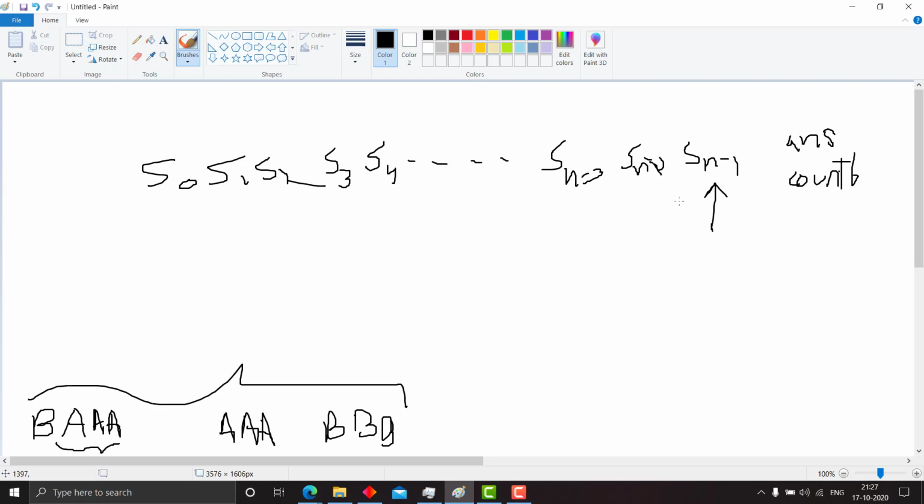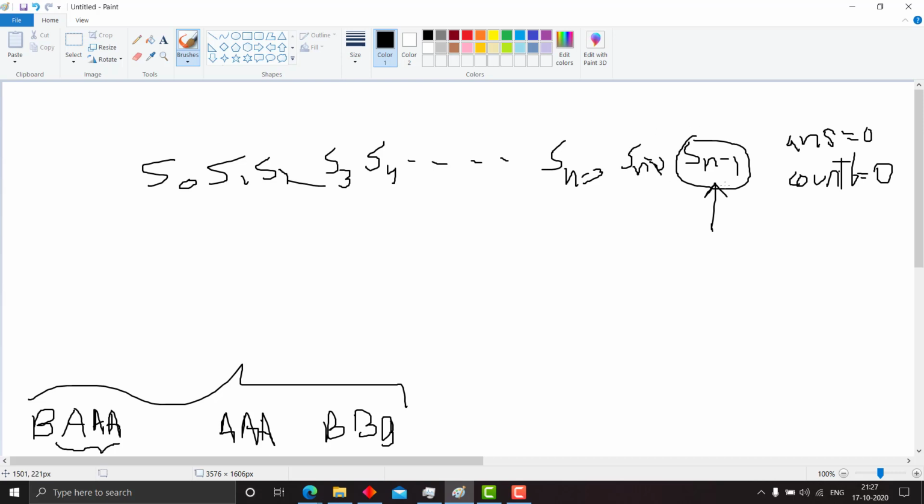So based on this approach, we will initialize answer to 0 and count b to 0. Now if this is a and count b is 0, then we increment answer and we move forward, because there is no way I can remove this a even after deleting some things, as there is no b after this.